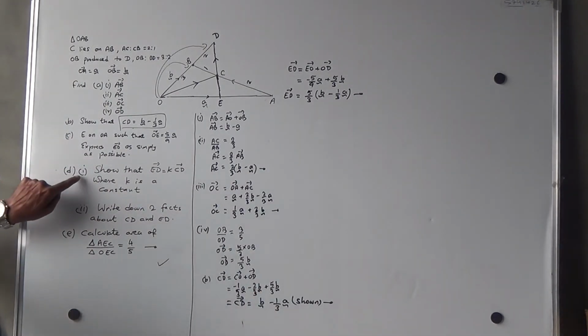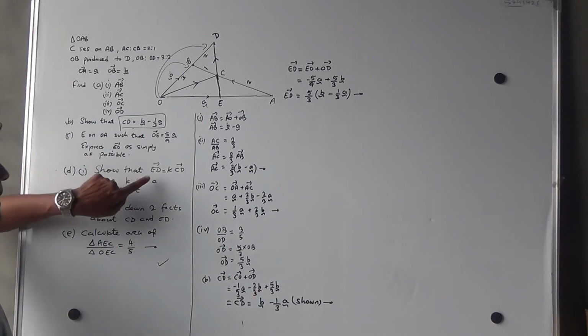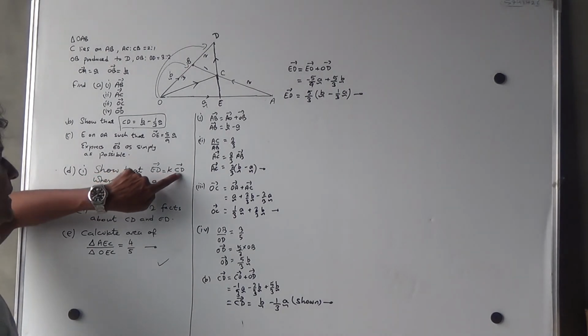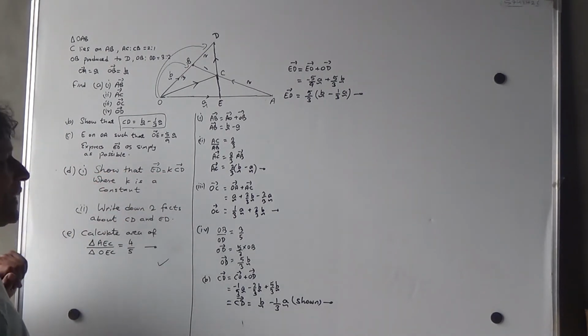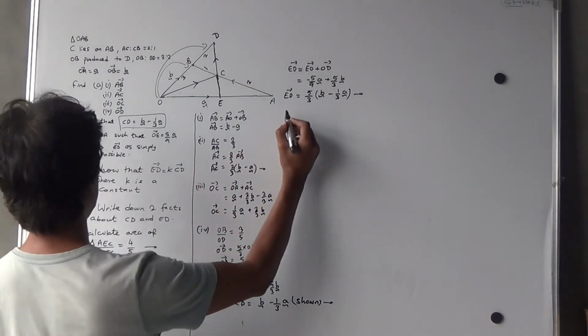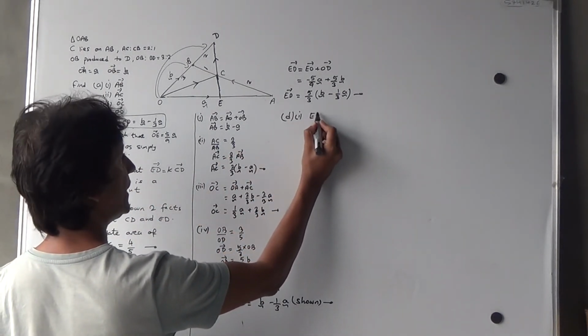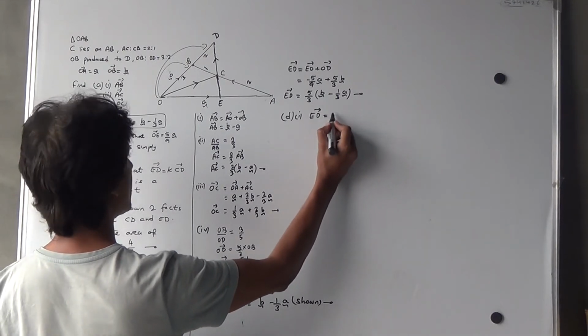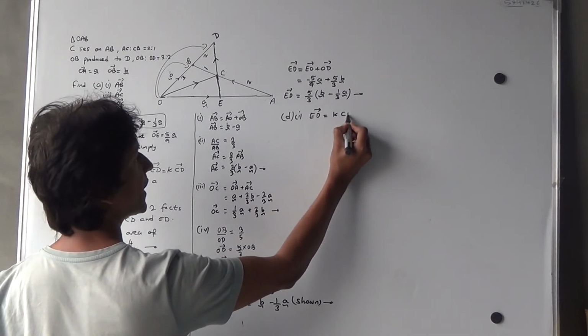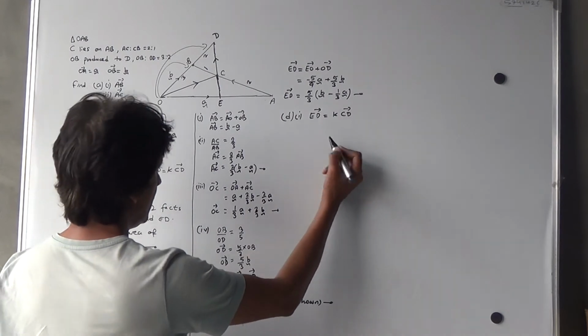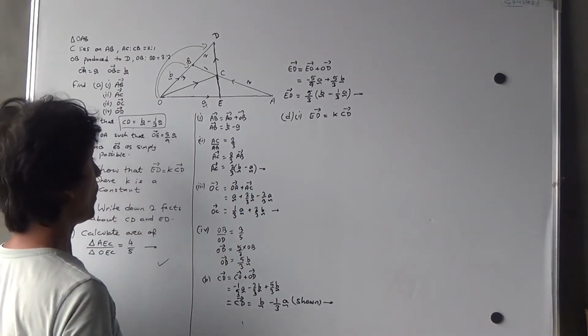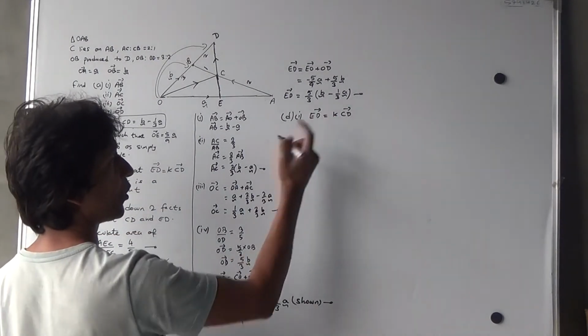Then, for part D, show that ED is equal to k CD, where k is a constant. We need to show that ED is equal to some constant k times CD. In other words, we want to find the constant k.